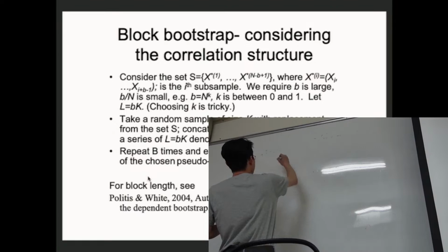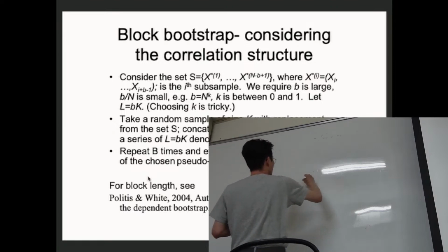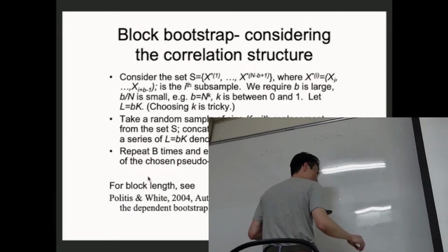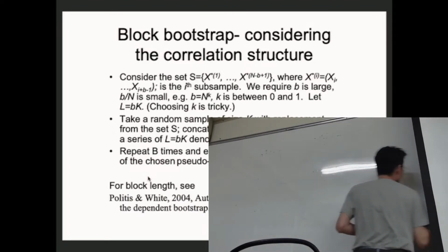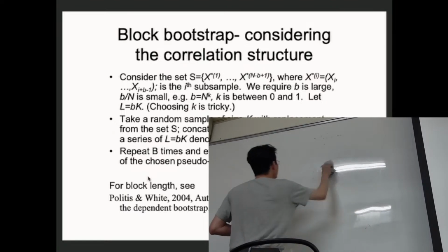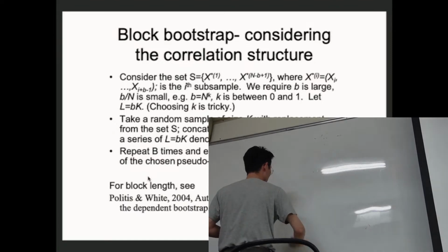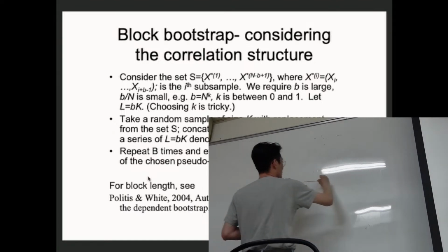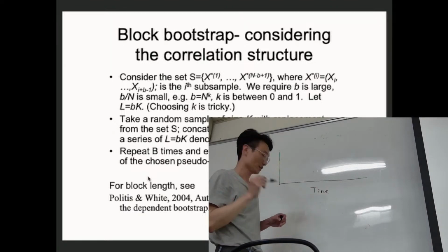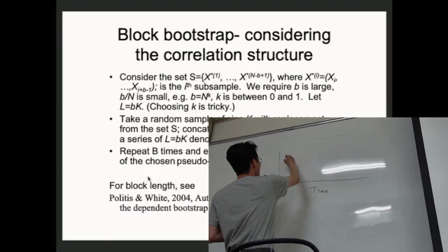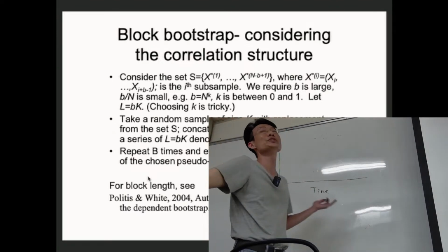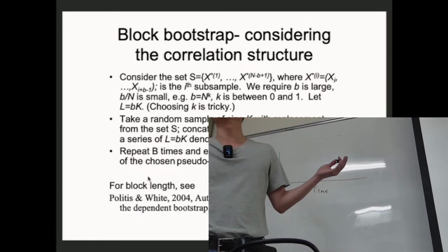Suppose we have time series data, and we are interested in, say, 2 species, and whether they are correlated in abundance.